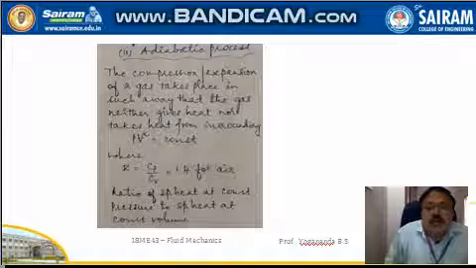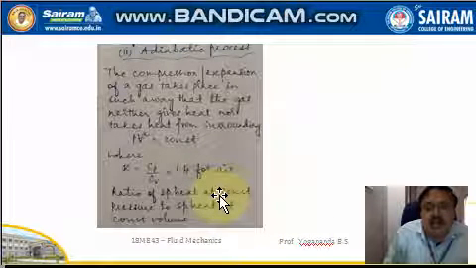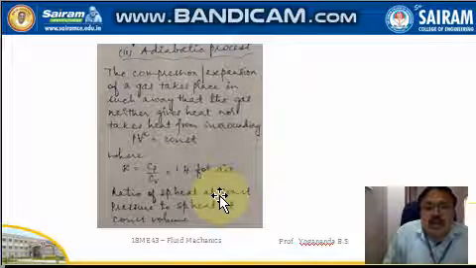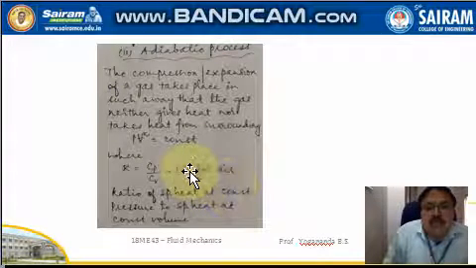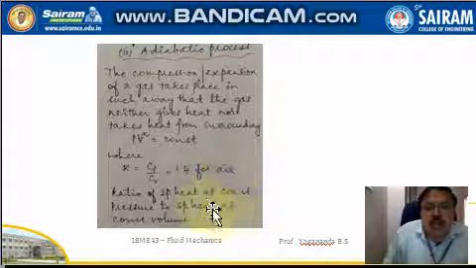So P by rho is equal to constant. If you take the adiabatic process, the compression or expansion of a gas takes place in such a way that the gas neither gives heat to its surroundings nor takes heat from the surroundings.